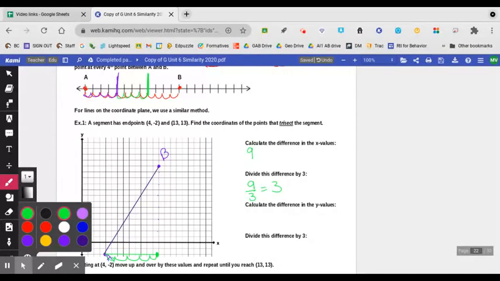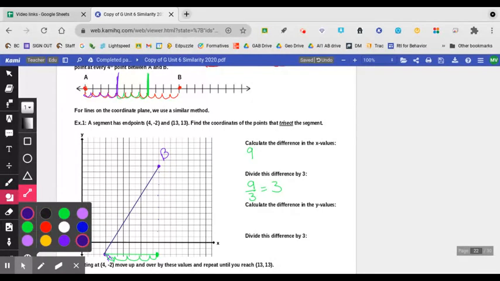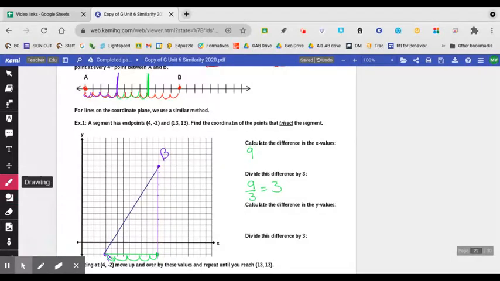Now I'm going to count the y difference. So that means I'm going to count this purple line from B down to the green. So 1, 2, 3, 4, 5, 6, 7, 8, 9, 10, 11, 12, 13, 14, 15.